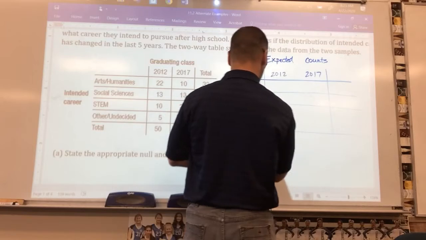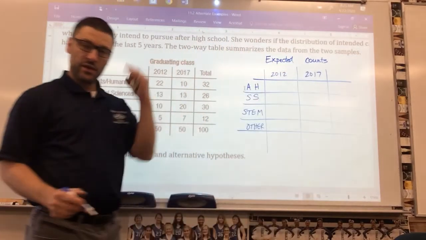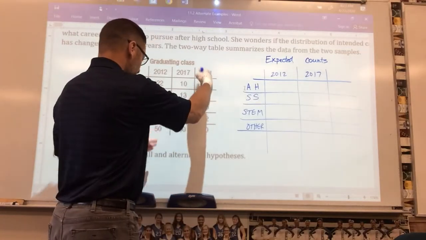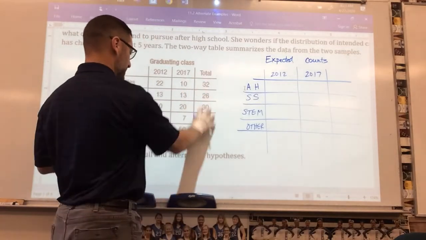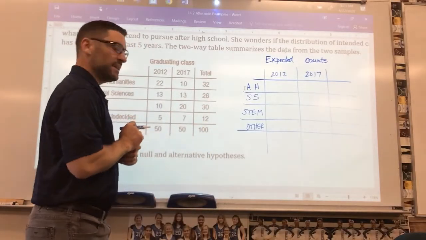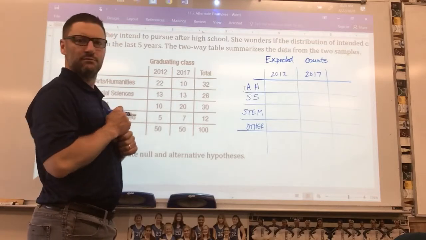Okay? And for these chi-squared values, when you have two-way tables, your expected counts are gotten right off of these charts. And really you have to have these total columns because the calculation is very easy. You take row total times column total divided by table total.